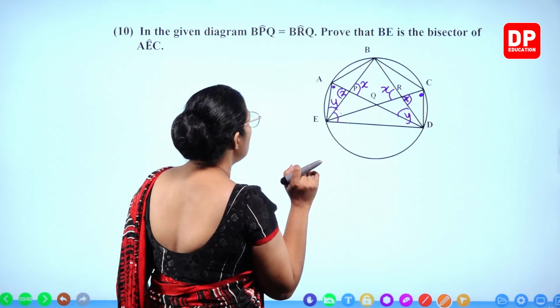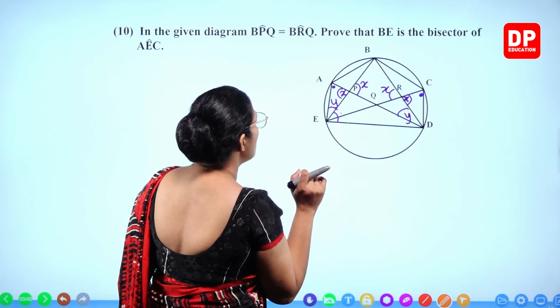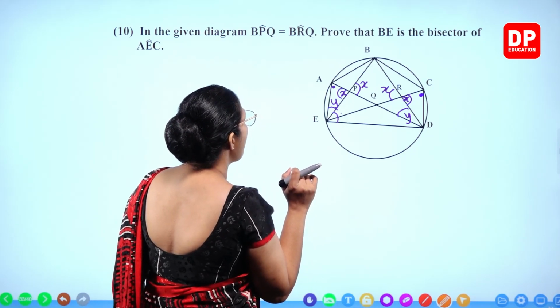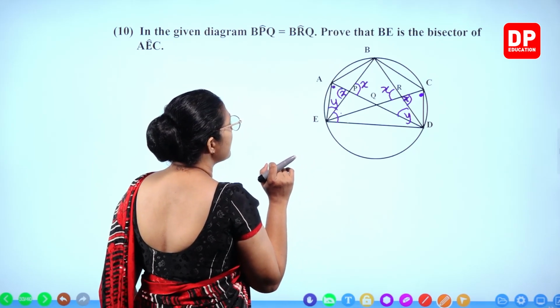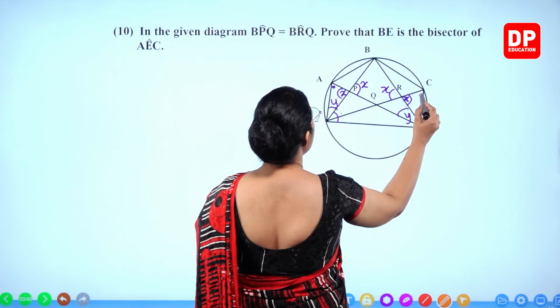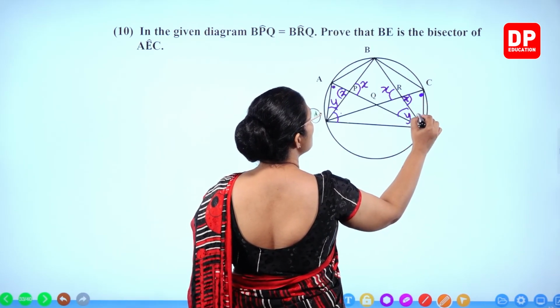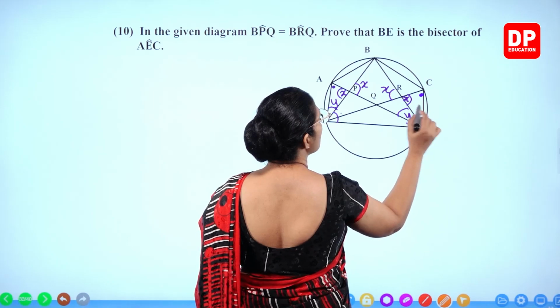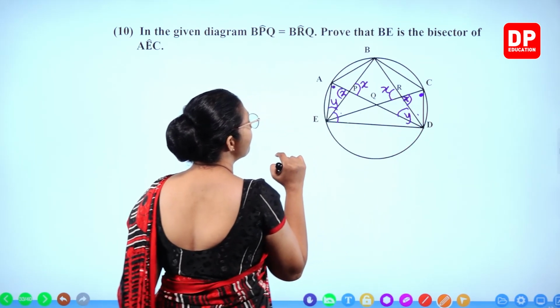Those two are equal. Then what can you say about this angle? If this is 180 minus X plus Y, this should be Y according to the diagram.